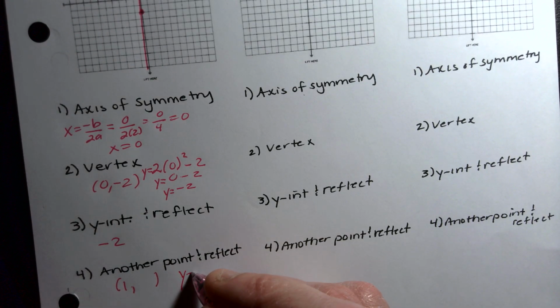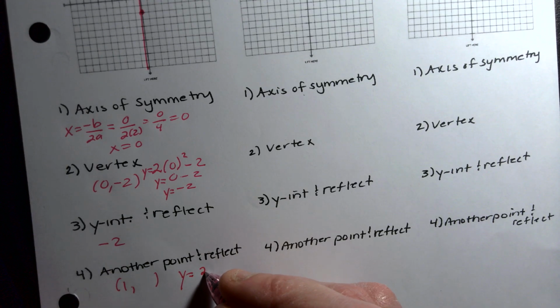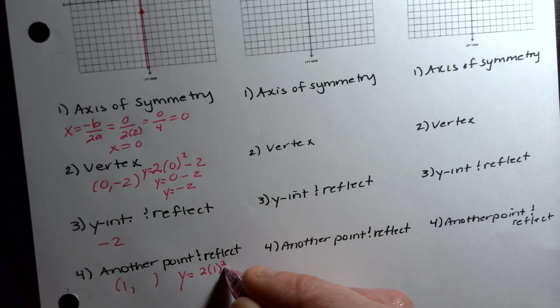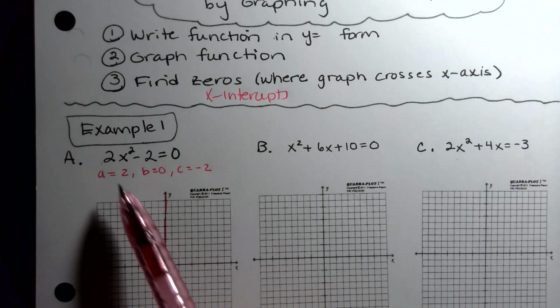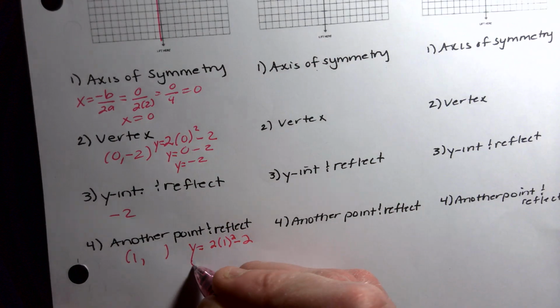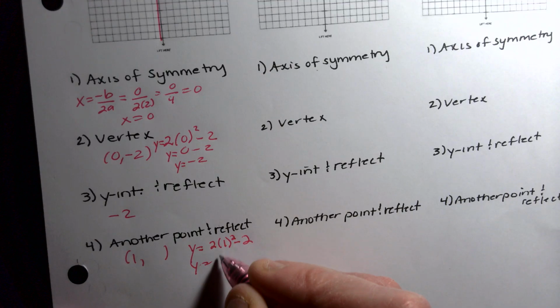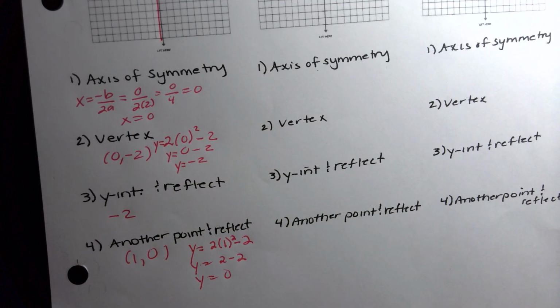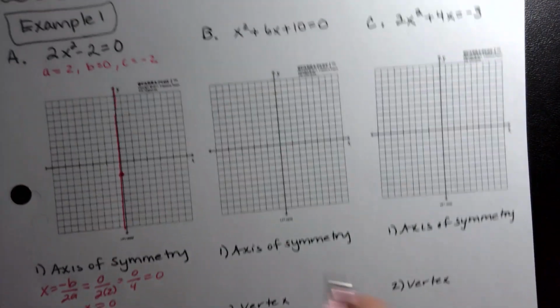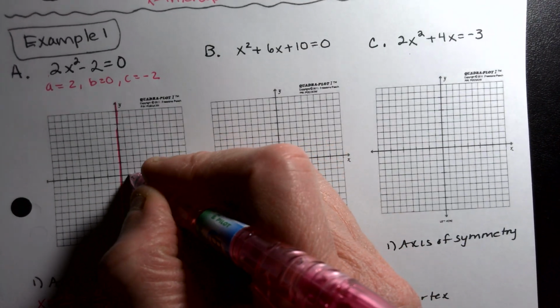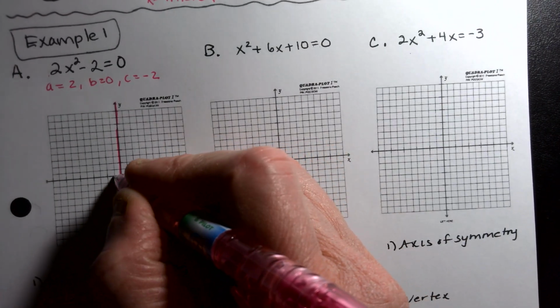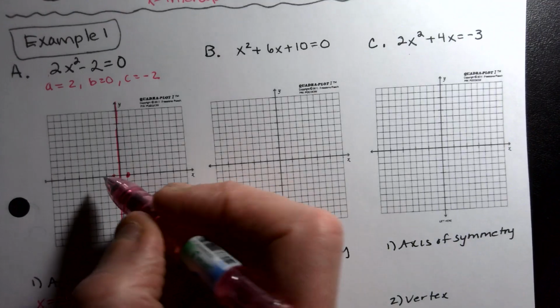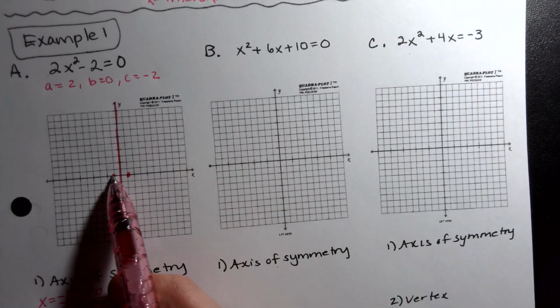So y is equal to 2 times 1 squared minus 2. I'm just taking that from up here. That means y equals 1 squared is 1, times 2 is 2, minus 2, and y equals 0. Yay! I don't think we're going to have to do another point, because when we reflect it, we get that, and those are our zeros.